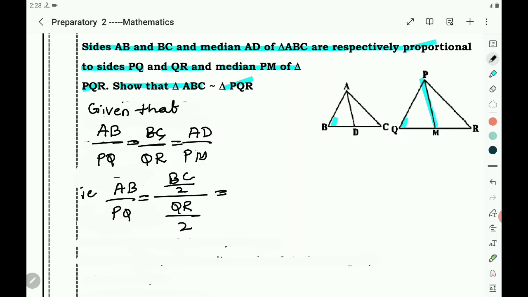That equals AD by PM. Here BC by 2 means D is the midpoint. BC is divided by the point D into two equal parts. Similarly, QR is divided by the point M into two equal parts. So BD is equal to DC. Similarly, QM is equal to MR.